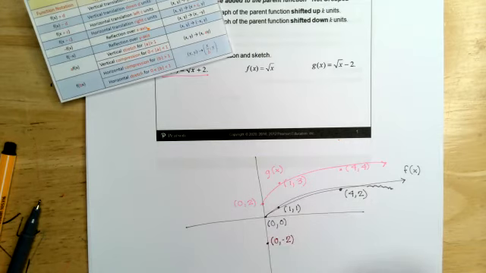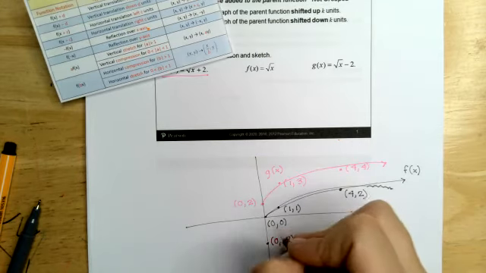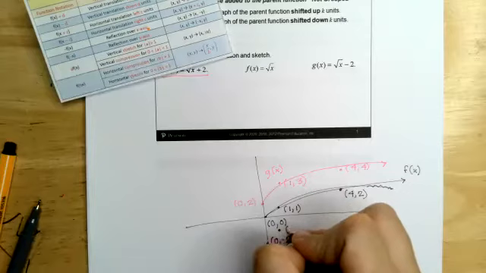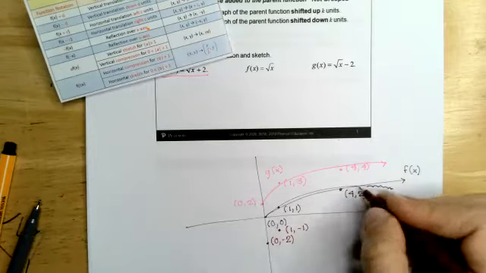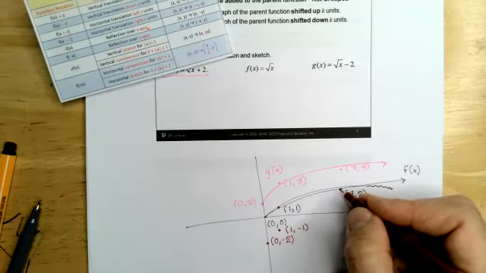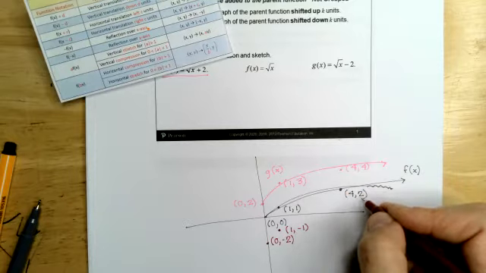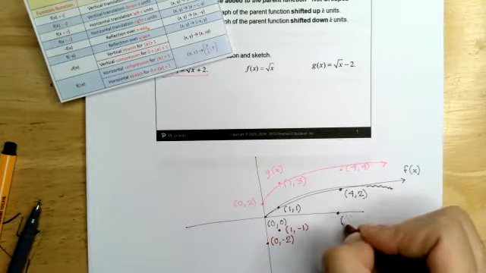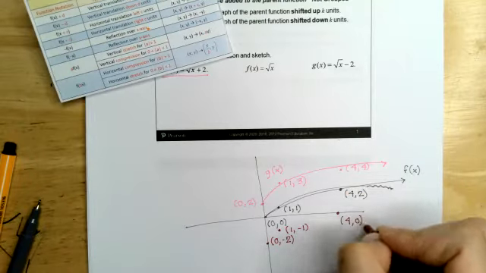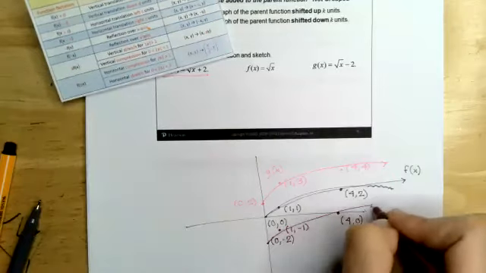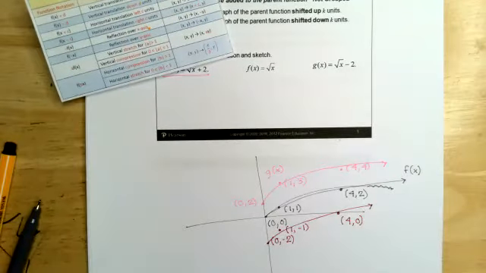Instead of 1, 1, it will be 1, negative 1. 4, 2 moved down 2 from 2 to 0 will just be 4, 0. So those are the vertical shifts. You add k to each y value or subtract k from each y value.